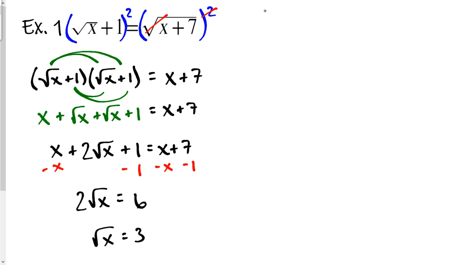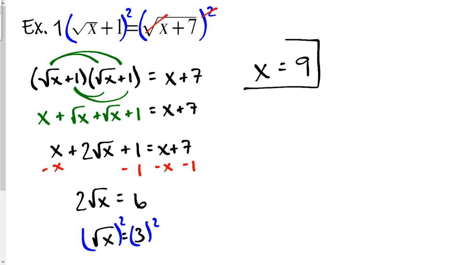And then if I square both sides to get the x all by itself, I end up with a solution where x will equal 3 squared, which is 9, okay? But I need to check this, okay? Just like the other day, we're always going through and checking.